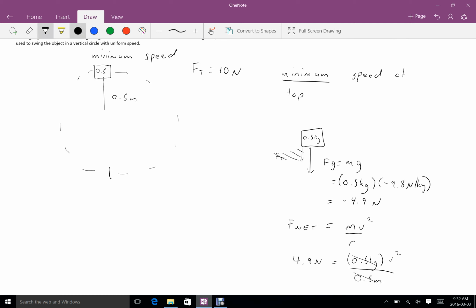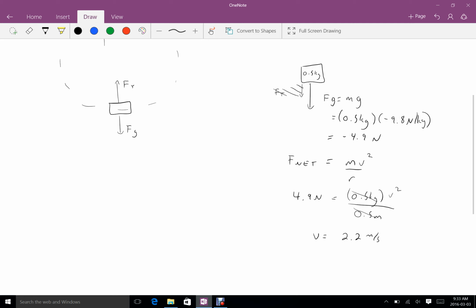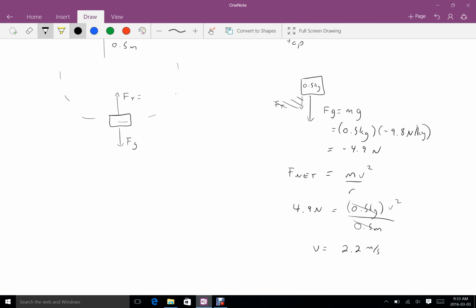The maximum speed is going to occur at the bottom, because at the bottom the force of gravity, as well as the inertia of the object, is trying to pull it out of the circle. So the force of tension has to be very large to pull that object back up into the circle. We know our maximum force of tension is 10 newtons, so we're going to assume at this point in the circle that our force of tension is 10 newtons.